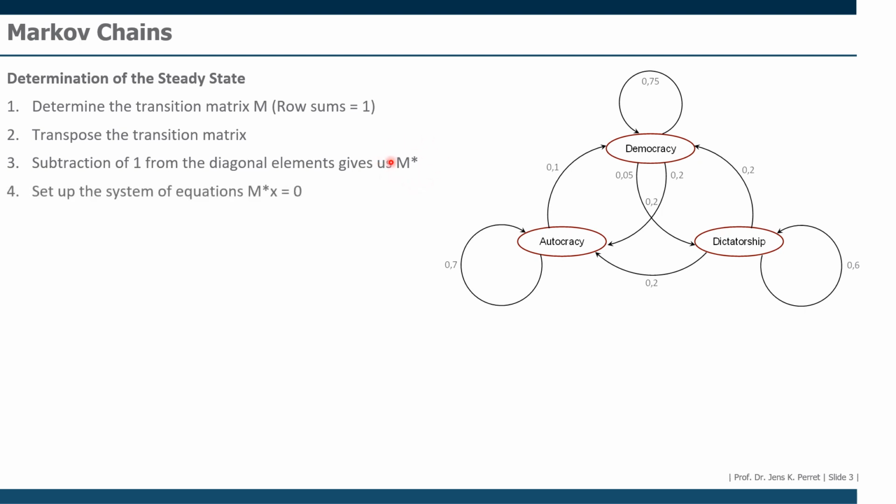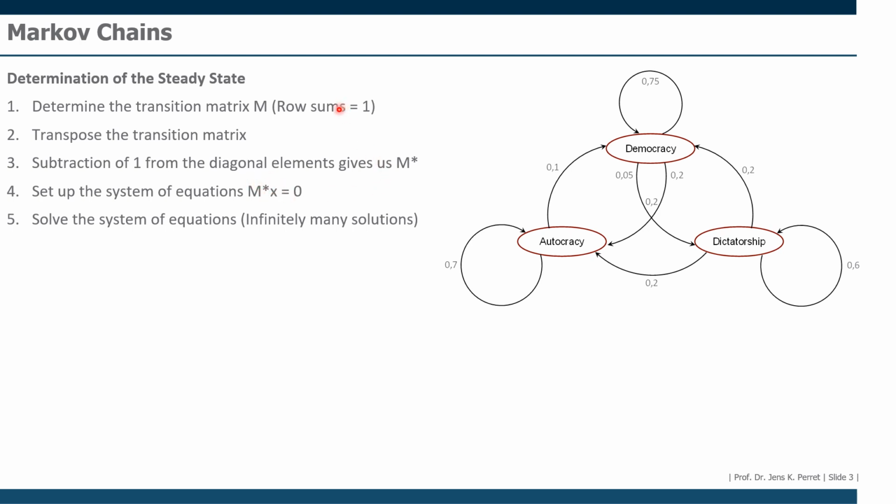This matrix M asterisk I'm going to use in this type of a linear system of equations. So that's M asterisk times the vector of the solution shares equal to 0. So what we are actually calculating here is the kernel of this matrix. We then can determine the solutions to this system of equations.